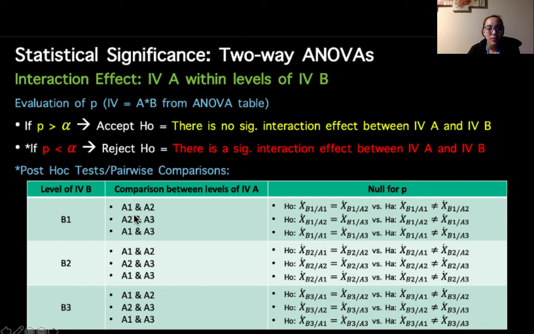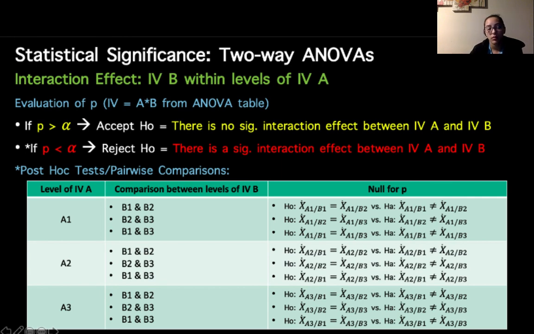So comparisons between levels of independent variable A within a specific level of independent variable B. The way we interpret these is the same as we did last week. And then you could also flip that, where you're looking at levels of B within levels of A. So again, this portion of our lecture is identical to last week, which is great. So we just get more practice this week.